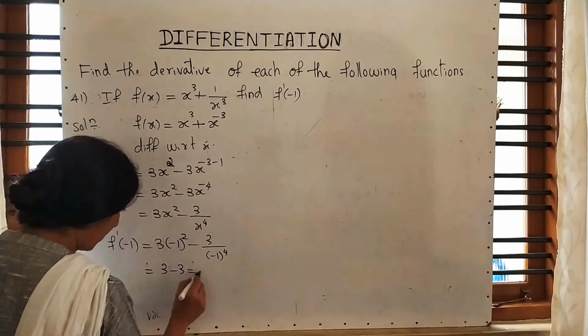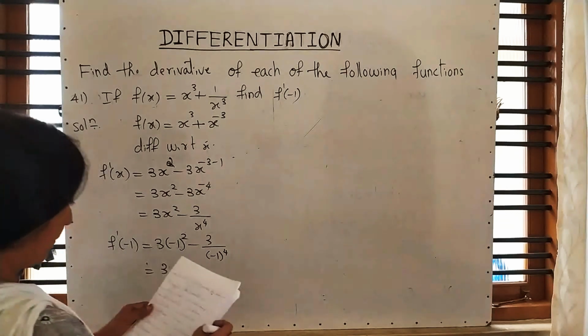So this becomes 3 minus 3. It is 0. Next.